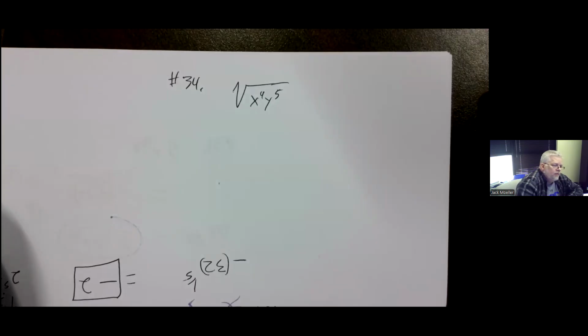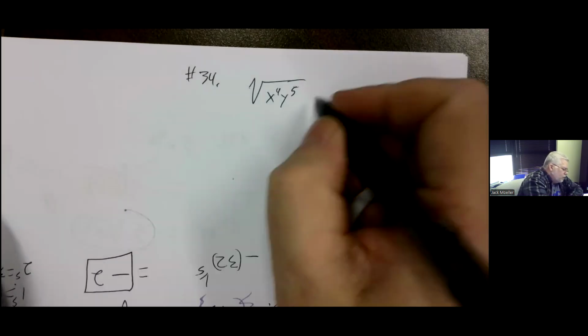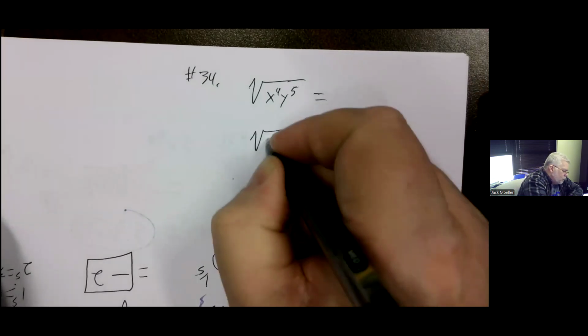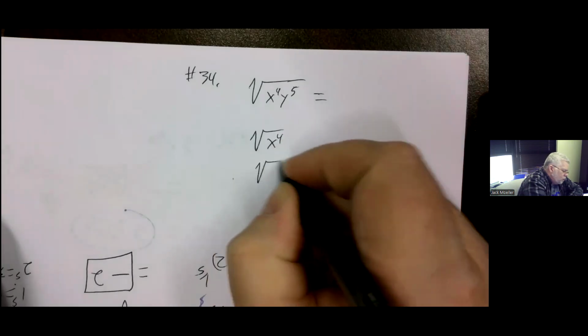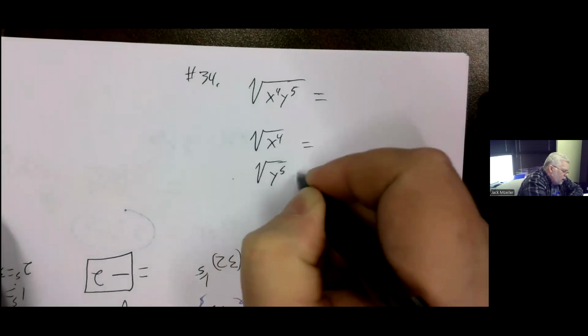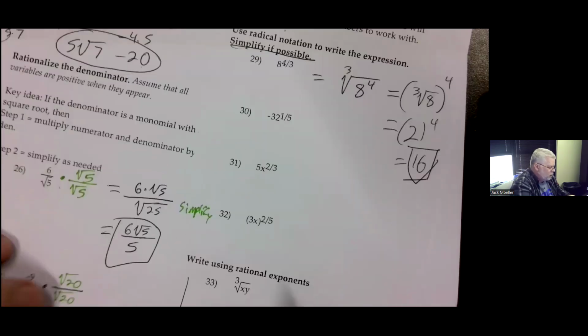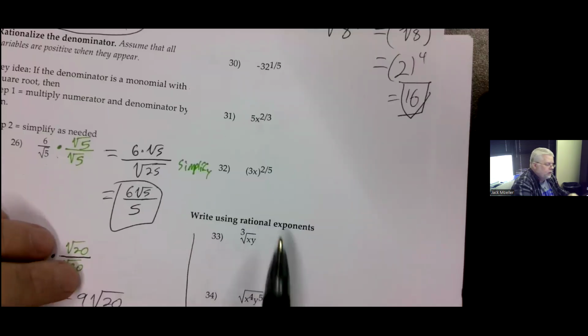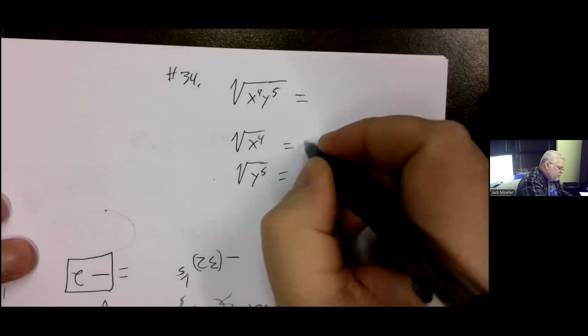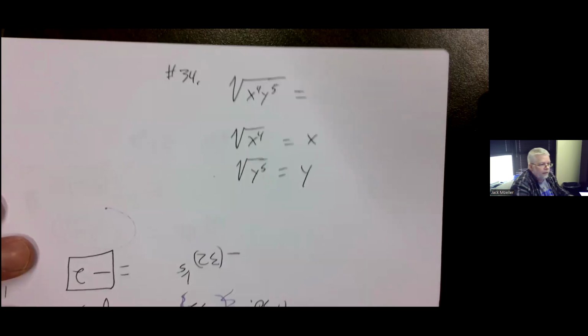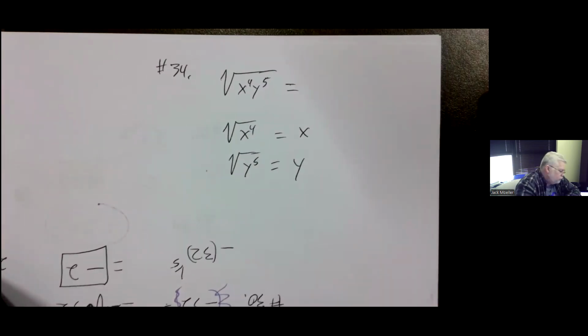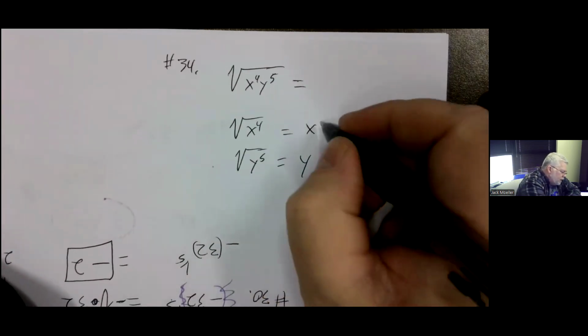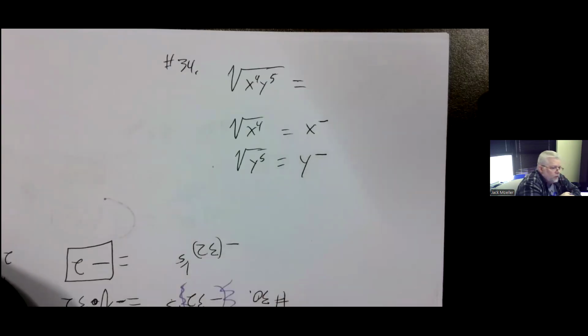And just like when we were simplifying, I said do x's with x's and y's with y's. So let's look at the square root of x to the 4th, the square root of y to the 5th. Now we're not simplifying. In this case, we are looking for rational exponents. So this is going to be x to some power and y to some power. And the powers are going to be fractions.